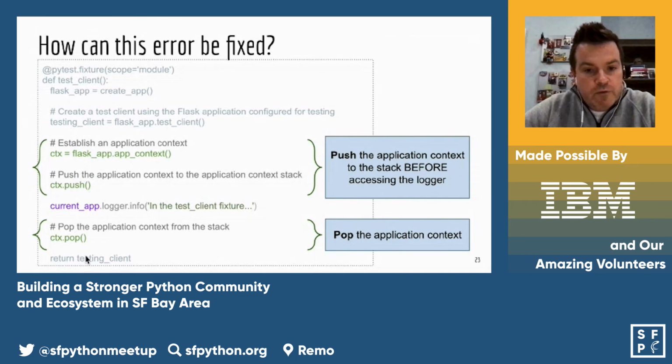This procedural approach is really nice for figuring out how pushing and popping is supposed to work relative to the stack. But as a long-term solution, I think a better approach would be to use a context manager. That's this with statement here.